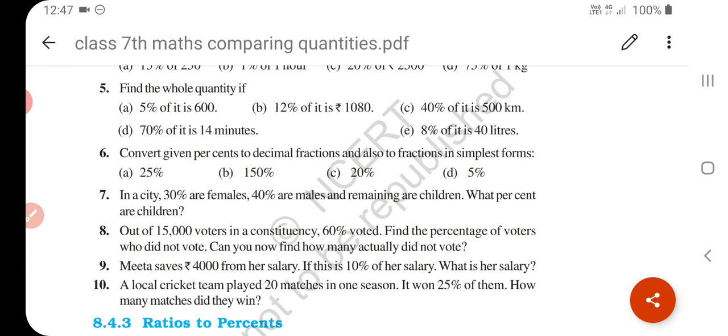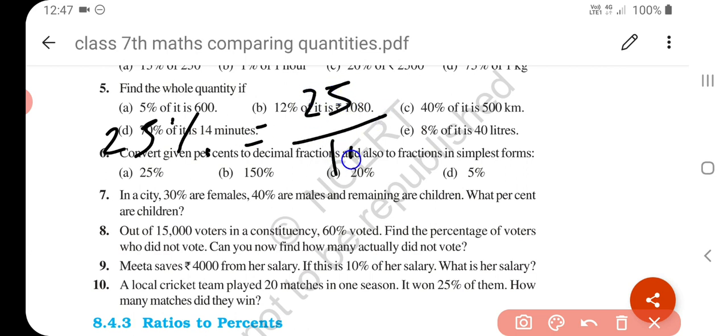So what do you mean by 25%? What is the meaning of 25%? Here there is the percentage sign, so you will write 25 upon 100. When you cut it down, 25 1s are 25, 25 4s are 100. So your answer is 1 by 4. So 25% becomes 1 by 4.